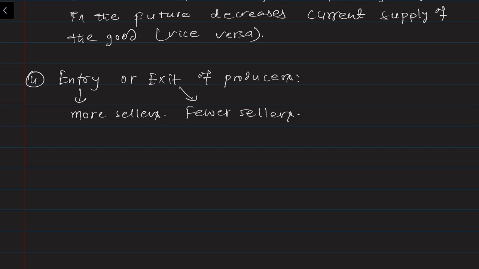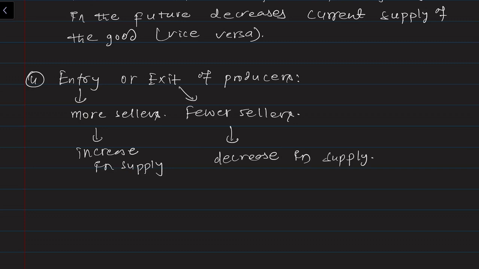So whenever there are more sellers, there is an increase in supply. And whenever there are fewer sellers, there is a decrease in supply. Okay.